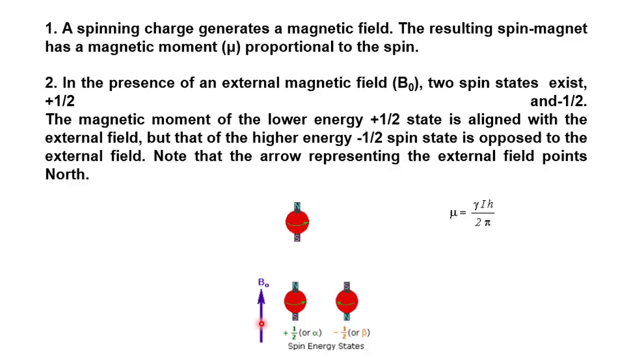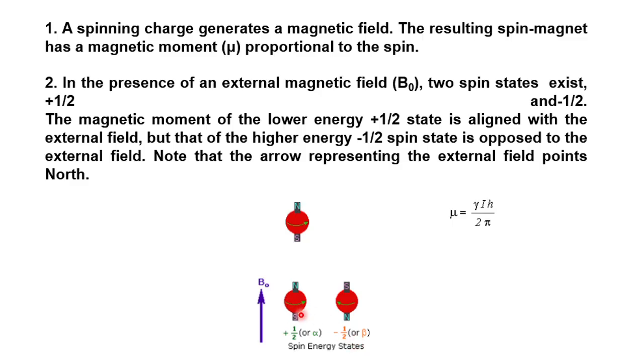When the direction of B0 and the direction of the magnetic moment generated by the species are in the same direction, or aligned, that is termed plus half, or alpha. And if the species' resultant magnetic moment has the opposite direction, then it is termed minus half, or beta.